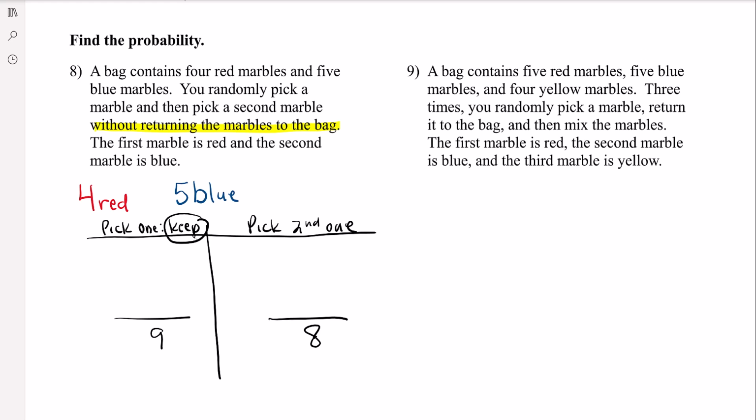Without replacing the marble, the first marble is red, so there's a probability of 4 in the first drawing. The second marble is blue. Well, there's now only 8 marbles left, but all of the blues are still there.